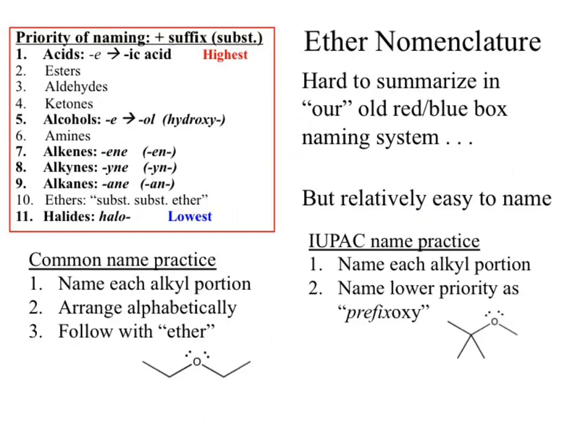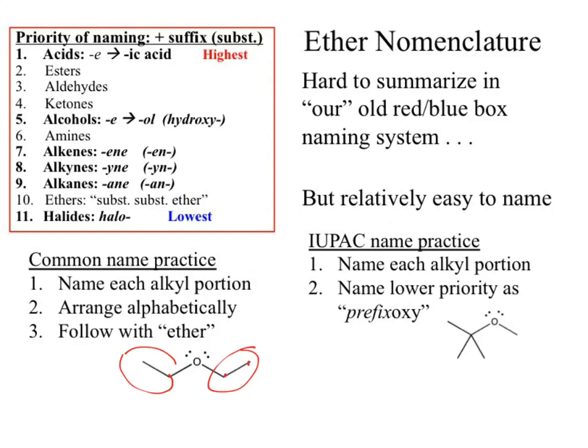So there's two ways. You've got your common name and you've got your IUPAC name. In the common name fashion, we'll take a look at our structure, and we're going to break it into the alkyl pieces. So if we look at those two alkyl pieces, what pieces do we have? How would you name those?